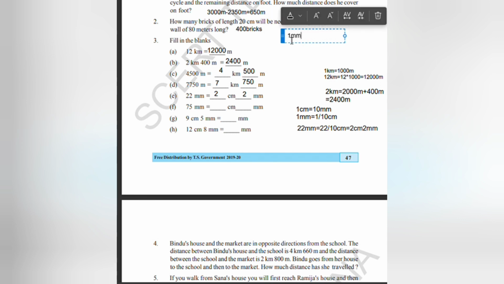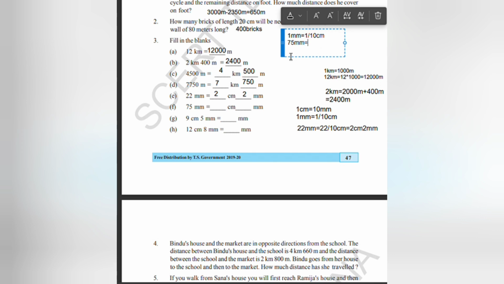We had seen 1 millimeter is equal to 1 by 10 centimeter. So what's our question here? Our question is 75 millimeter.